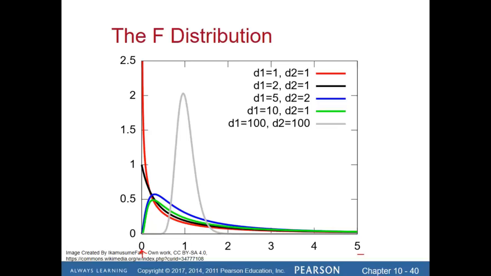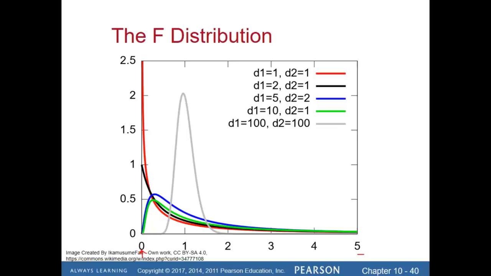The second thing to notice is that depending on the degrees of freedom that we have for the numerator and denominator of that ratio, we have greater or lesser degrees of skew in the F distribution itself. The red line here represents the lowest possible degrees of freedom we could have: one in the numerator, one in the denominator, and notice it's extremely right skewed, right?